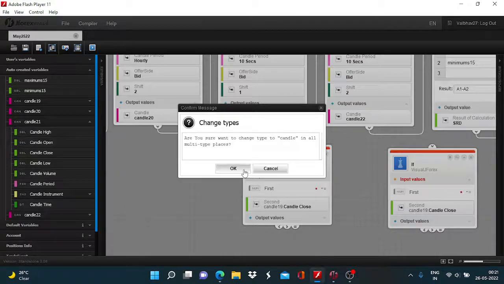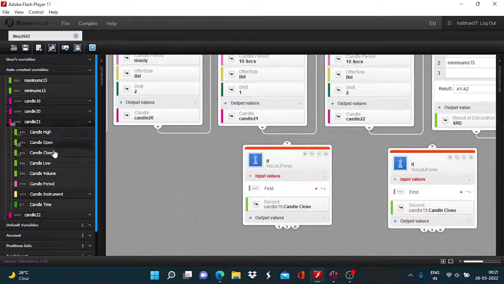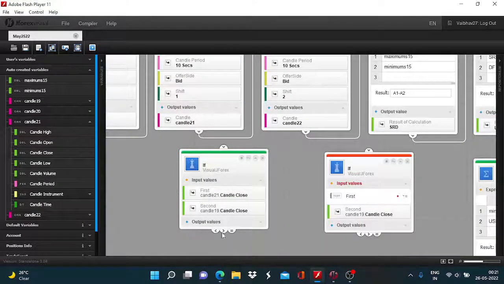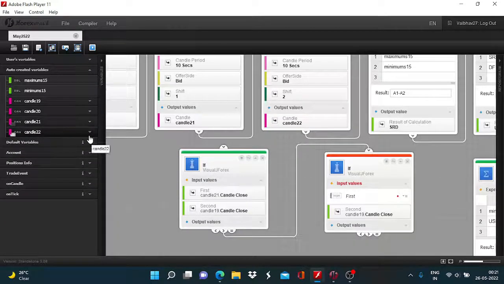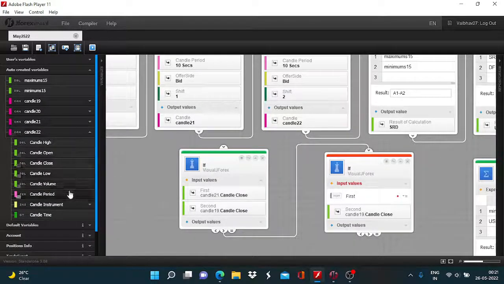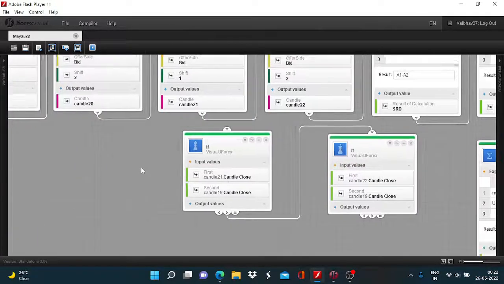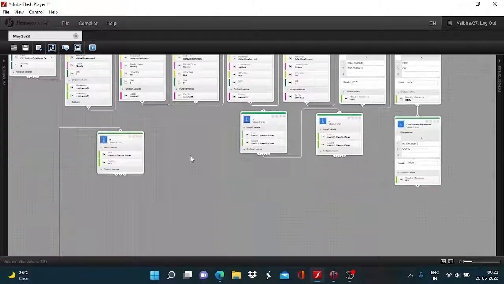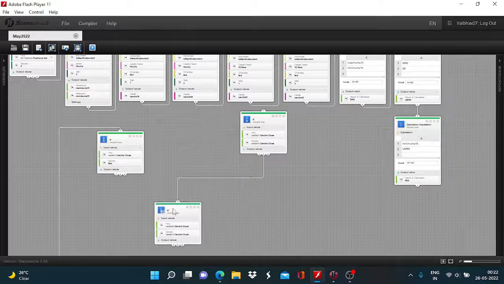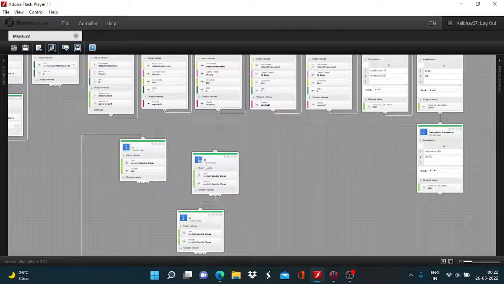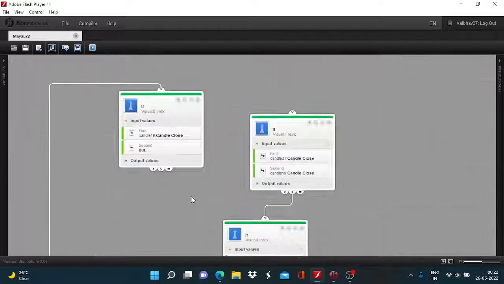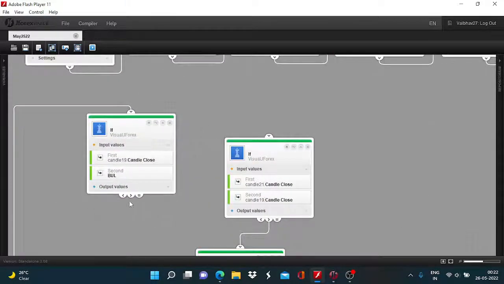Where we need candle 21st candle close to be greater, so first input greater than second input, whereas candle 22nd, which is the penultimate 10-second candle, it should have the closing value on the lower side. First input less than second input.